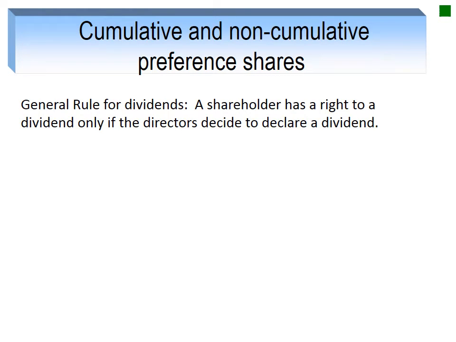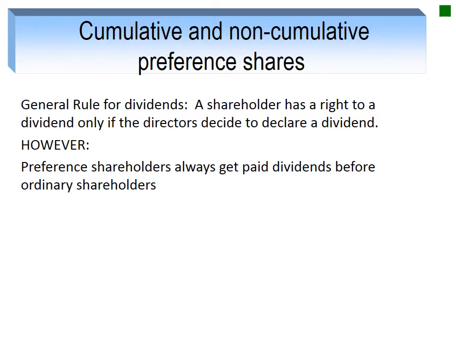So let's quickly talk about cumulative and non-cumulative preference shares, and talk about dividends on preference shares. So the general rule for dividends is that a shareholder has a right to a dividend only if the directors decide to declare a dividend. So you can't get a dividend if the directors haven't decided to declare a dividend.